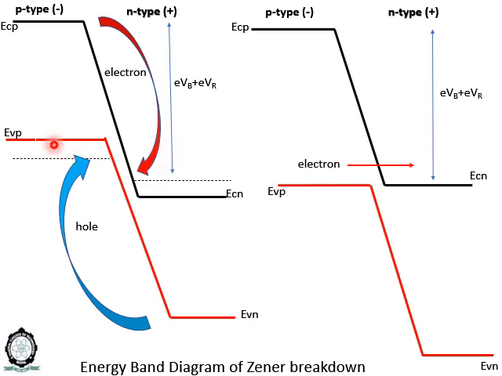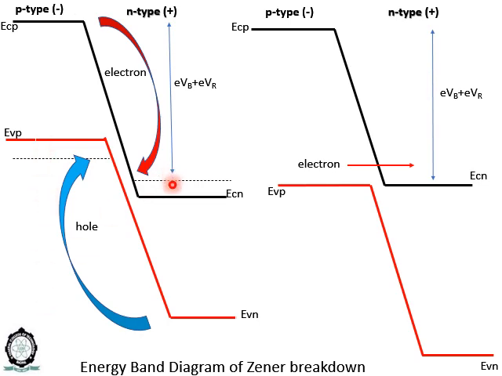Similarly, because holes come from n to p, and the energy of holes increases downwards, the energy levels of the valence band are filled at the downside.